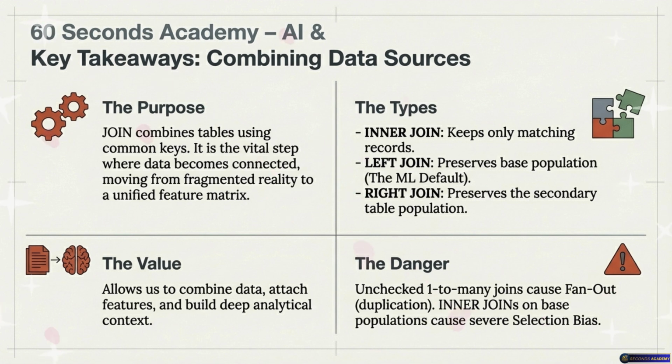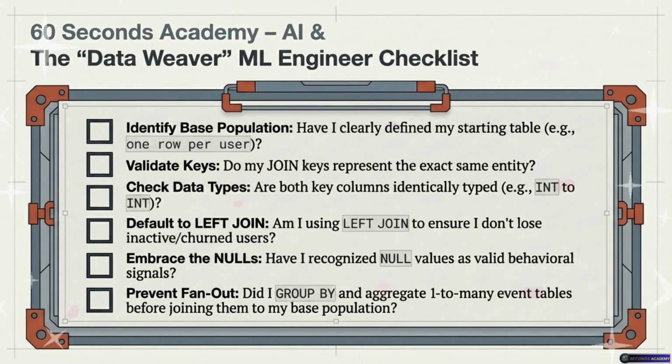You take your base tables, which define your exact population of interest. Yeah. You take your event tables, like orders, clicks, or sessions, and you aggregate them into summary features so you don't break the space-time continuum with duplicates. Love that. Yes. Then you use the join, specifically the left join, to snap those summarized features onto your base population, and the resulting flat, wide 2D tensor is your feature matrix.